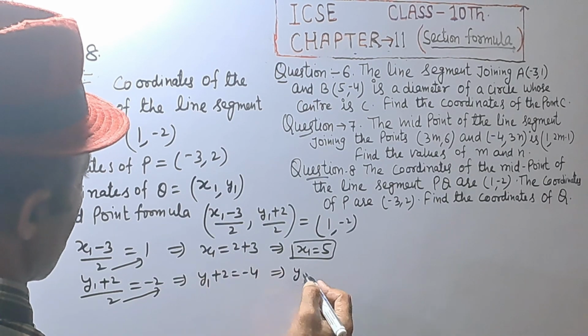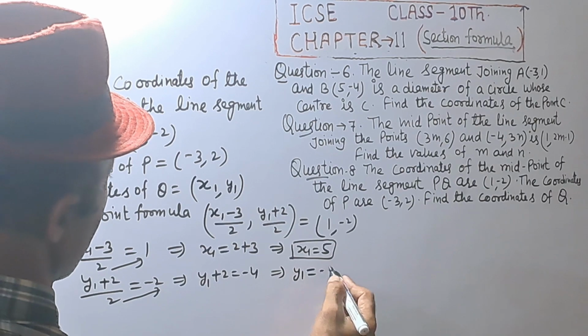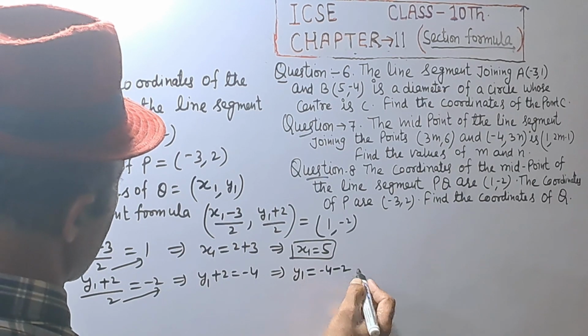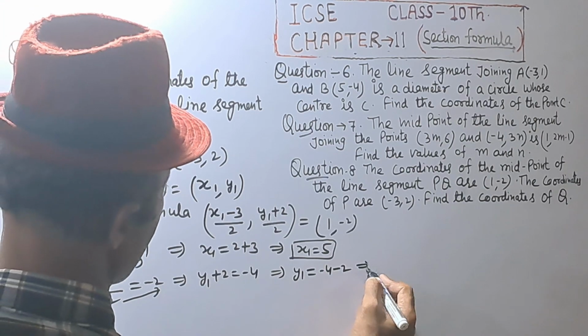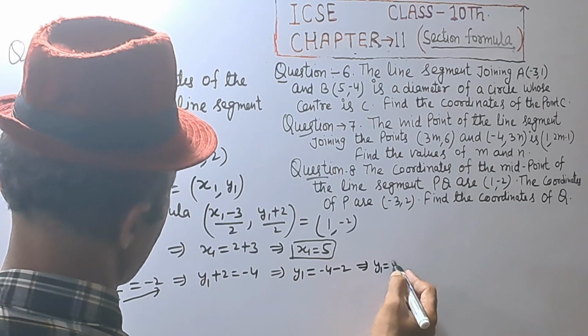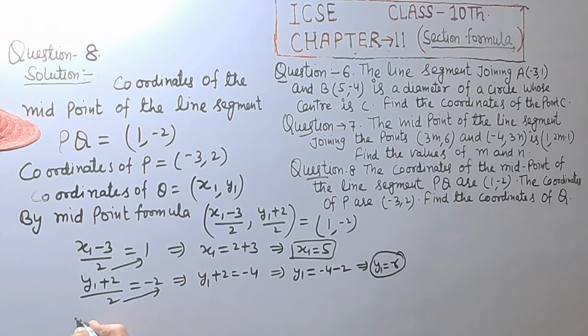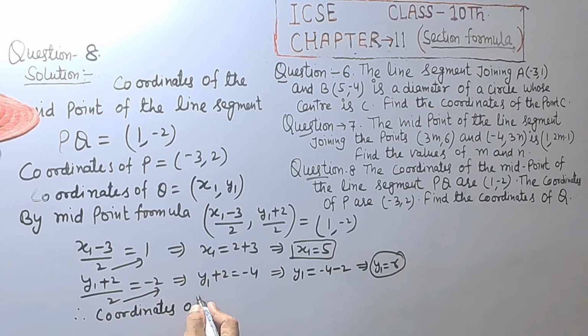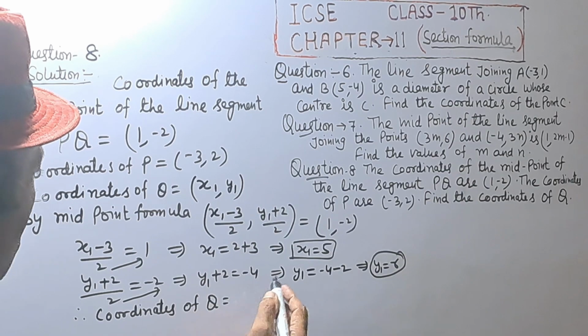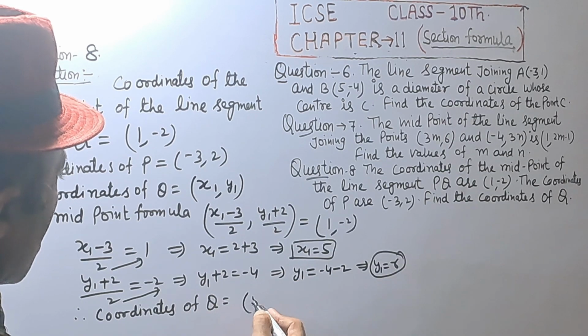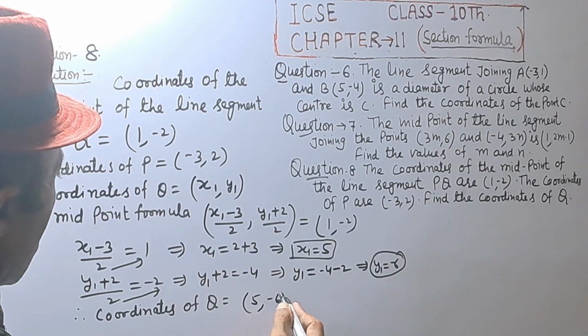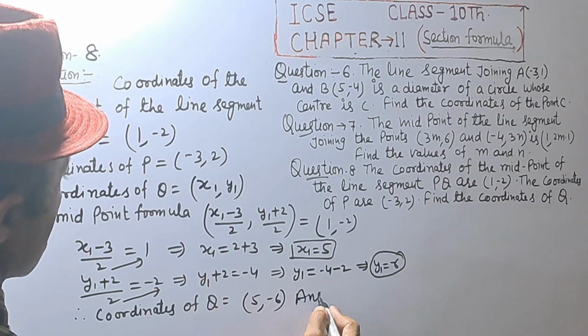We are shifting, y1 is equal to -4 minus 2. y1 is equal to -6. So coordinates of Q is equal to (5, -6).